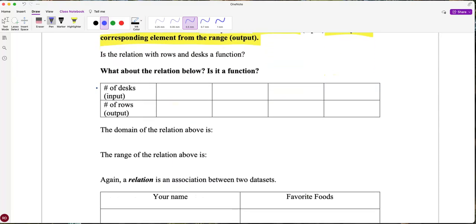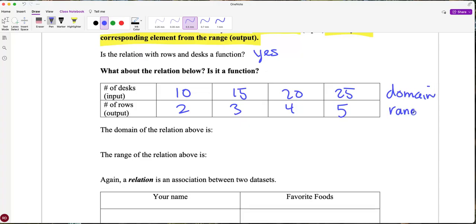So yes. What about if I flipped it around and I said 10, 15, 20, 25, and I did 2, 3, 4, 5. Here's my domain, and here's my range. Is this a function? Yes or no? Every element in the domain only gives you one answer in the range. How many answers do you get with 10?